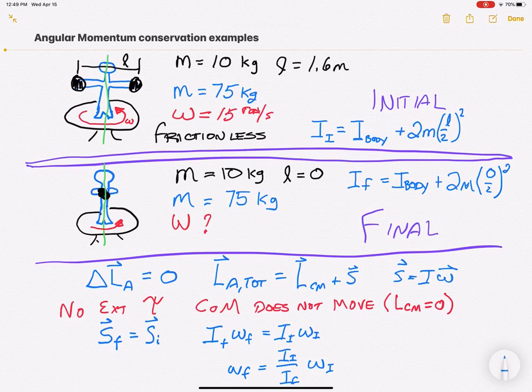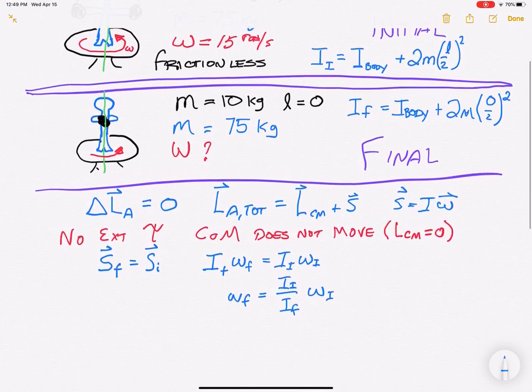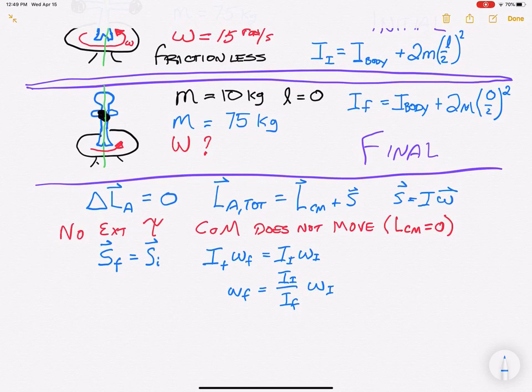I'm just putting the over 2 in there because it doesn't matter. All right. So we've got the two moments of inertia. I initial is the I of the body plus 2mL squared over 4. And all this is just going to be I of the body.